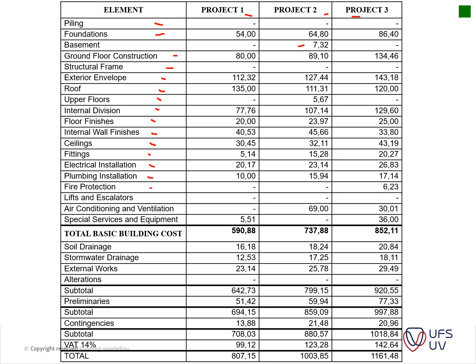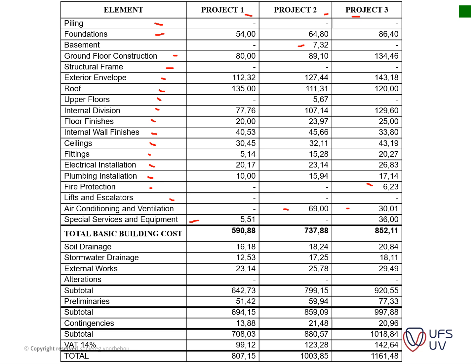And then fire protection. The one had some fire protection. Lifts, no lifts were installed. Two of the projects had air conditioning and ventilation installed, and then specialist equipment and services additional to the project. This might be like access control or anything like that, like biometrics, etc.